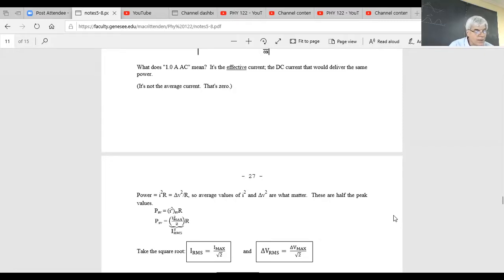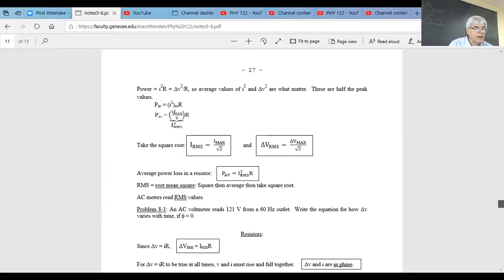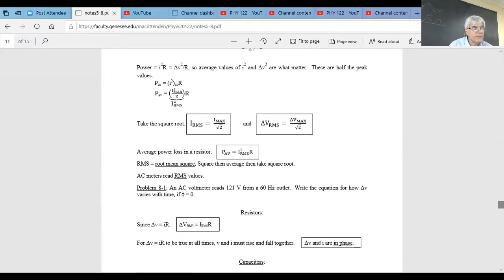So RMS current versus maximum current, or peak current if you want to call it that. Same sort of thing with voltage. Root mean squared current is defined in a way that makes the average power delivered to a resistor equal to I squared times R if you use the RMS current.